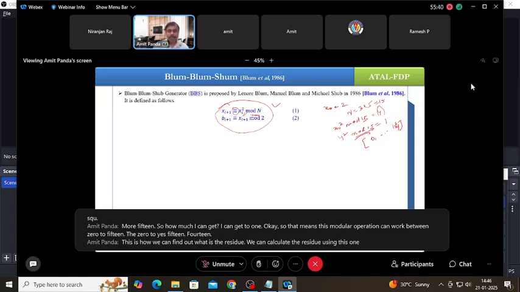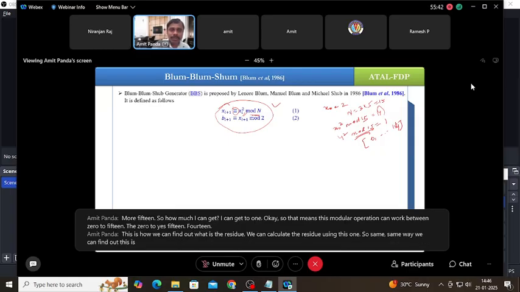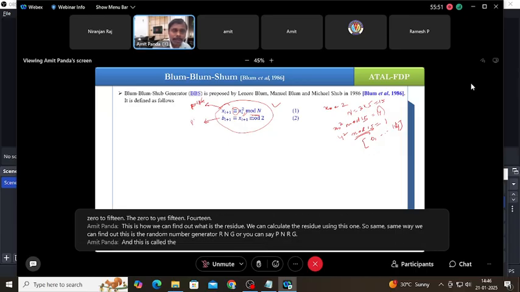In the same way, this is the random number generator, RNG, or you can say PRNG, and this is called the PRBG, pseudo random bit generator.